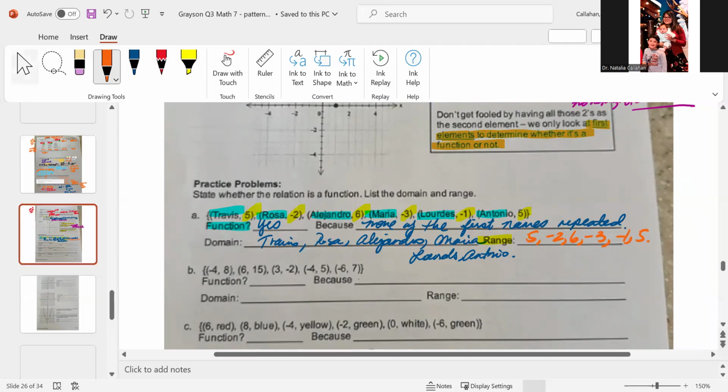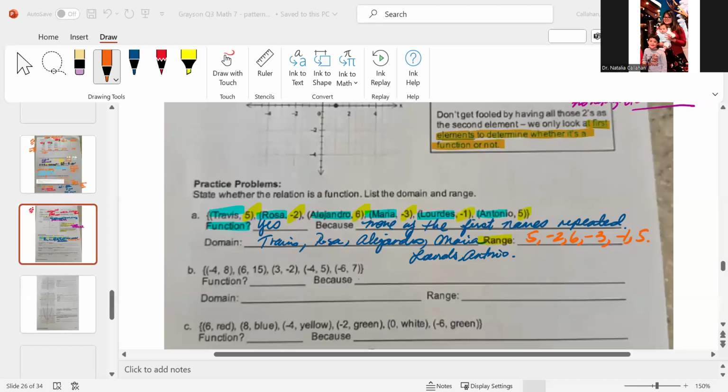So now that I did this with you, I want you to go ahead and do the rest. All right, let's take a look at B. Is it a function? You look at the X values and ask yourself, does it repeat? Yes, it does repeat. No, it's not a function, because negative 4 is an X value and it repeats.